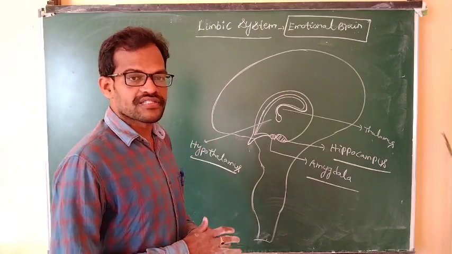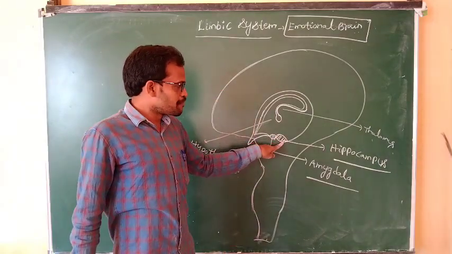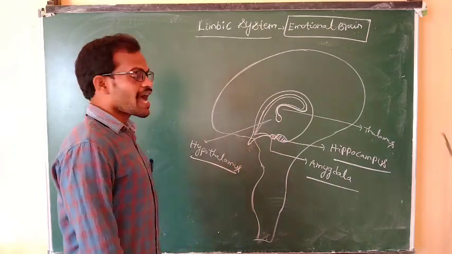These are the nerve cords. It is known as the amygdala, hippocampus, thalamus, and hypothalamus.